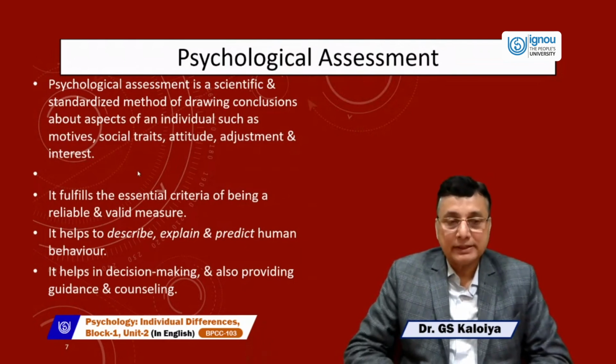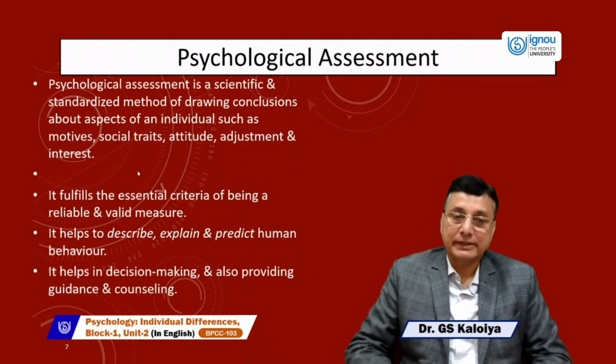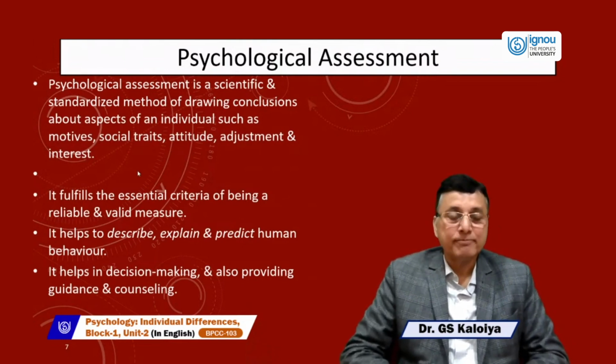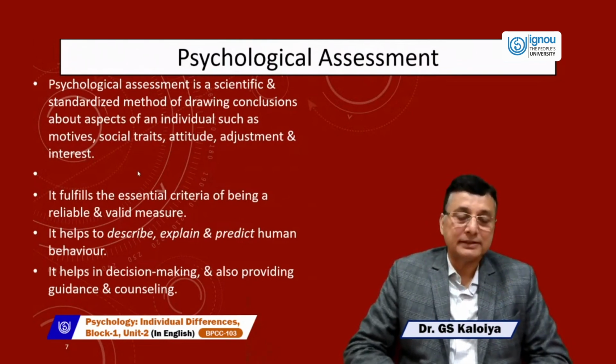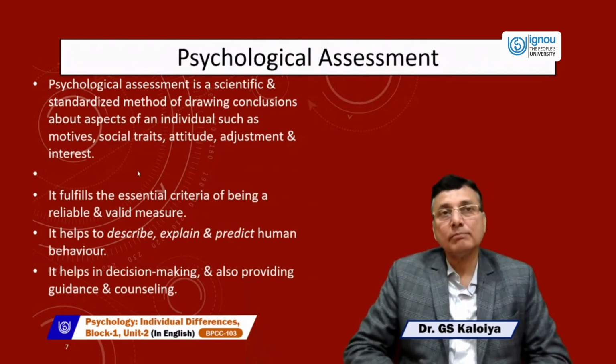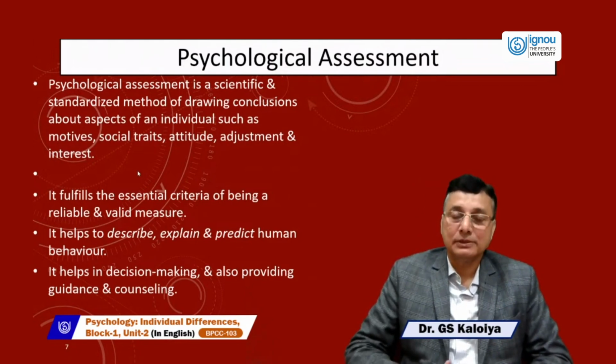So you can administer this test and then describe, explain, and predict human behavior. It helps in decision making and also in providing guidance and counseling. Suppose you want to provide counseling; before providing counseling, you should have some material in your hand. That information will come through various types of assessments.